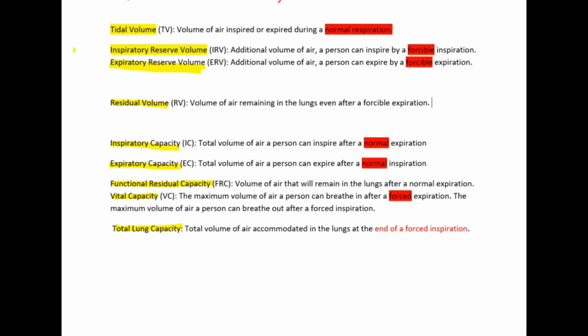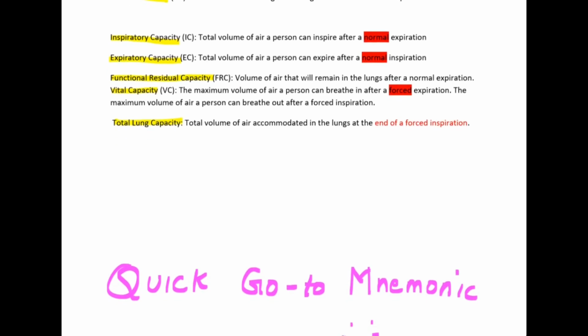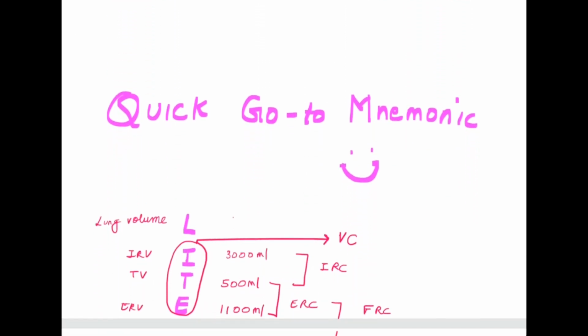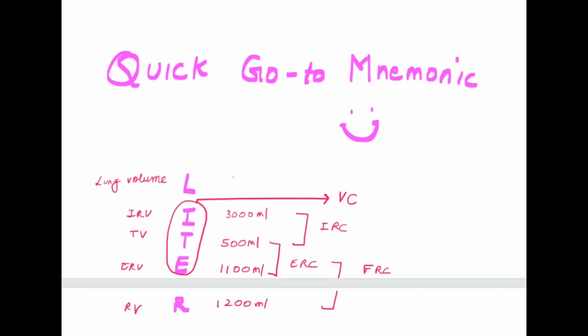Total lung capacity is the total volume of air that can be accommodated in the lungs at the end of a forced inspiration. So when we inspire maximally, the total volume that can be accommodated in the lung is known as total lung capacity, which is the sum of everything: IRV, TV, ERV and RV.